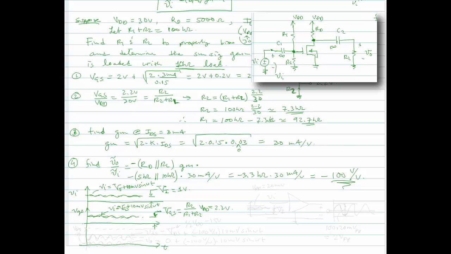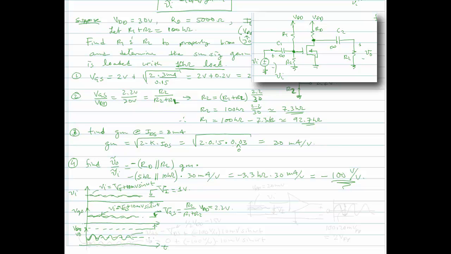At the output, if we drew this as being VDD here, and I'm going to plot VO now. If we bias this halfway, the output voltage is going to be 100 times 10 millivolts, so 1 volt amplitude, and, poorly drawn, it'll look like this.